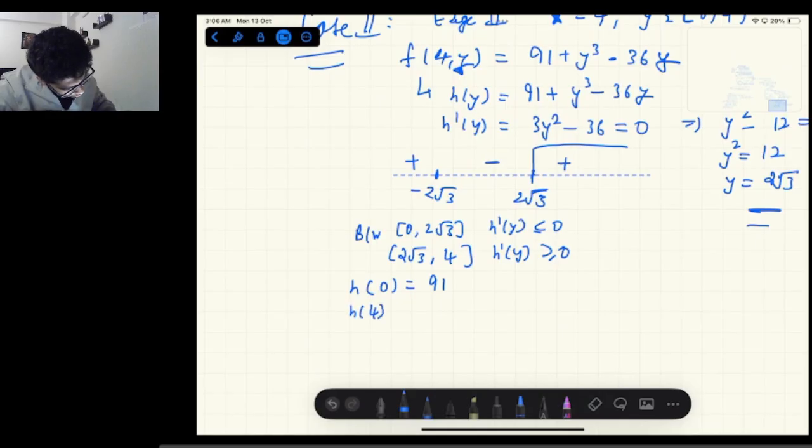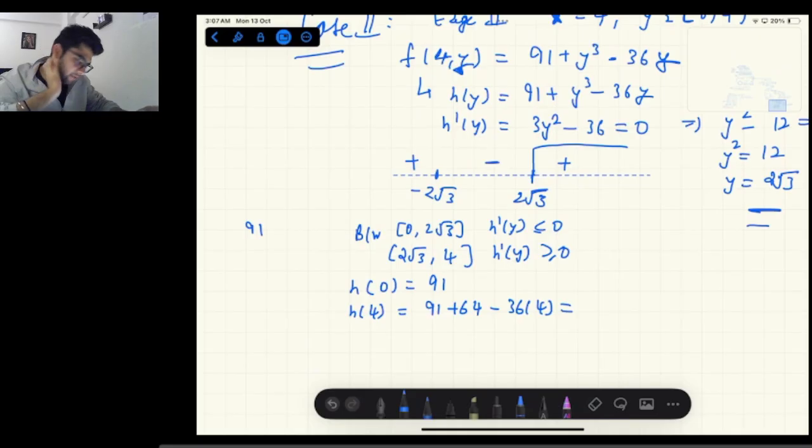H of 4 will be 91 plus 64 minus 36 into 4. So 36 into 4 is 64. So 36, no, 36 into 4 is not 64. 4 times 6 is 24, 4 times 3 is 12, so 144. So 91 plus 64 is 155.